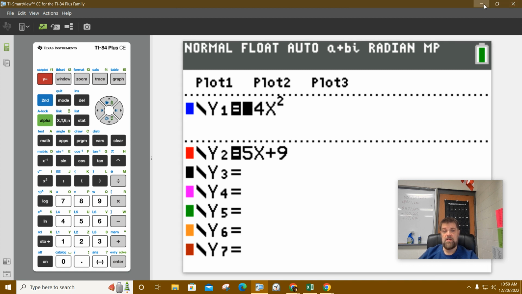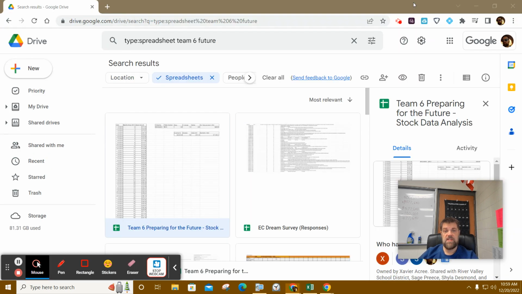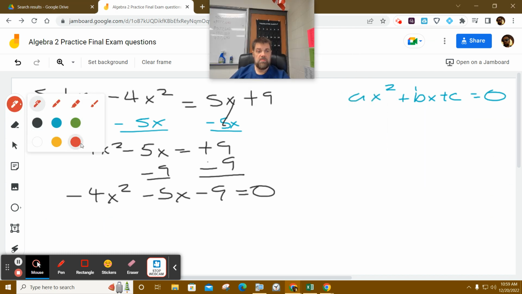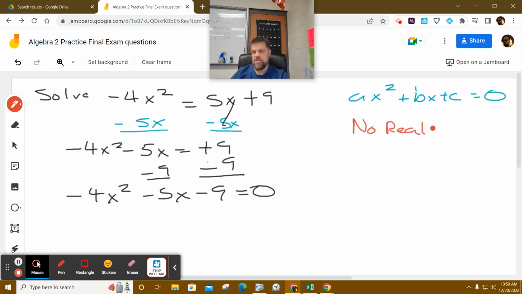So right in the very beginning, I know this thing has no real solutions. Immediately I know there are no real solutions because there just aren't. Well, how do I know that?